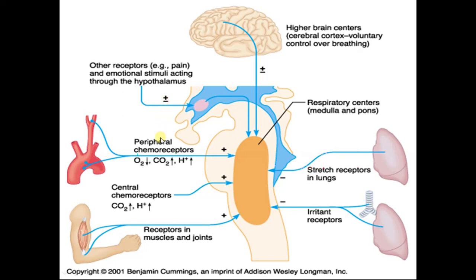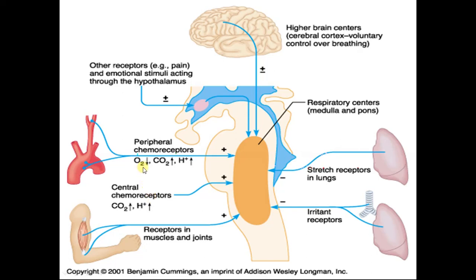Then the chemical stimuli can also produce their effect on the respiratory center. The chemical stimuli in the blood produce their effect by stimulation of either the peripheral chemoreceptors or the central chemoreceptors. In this aspect, three chemical stimuli are very important.